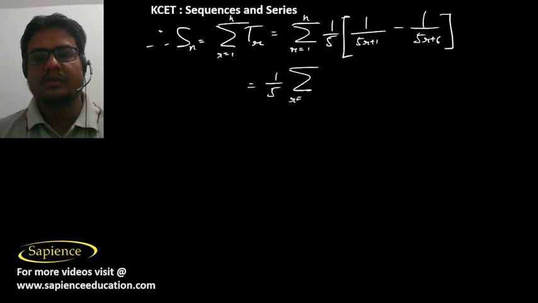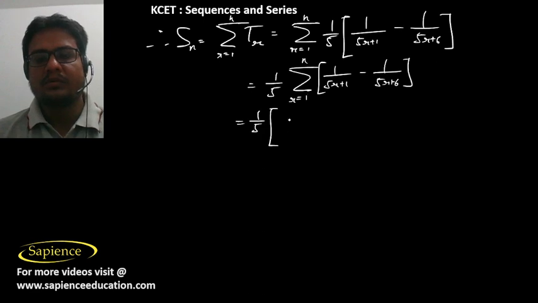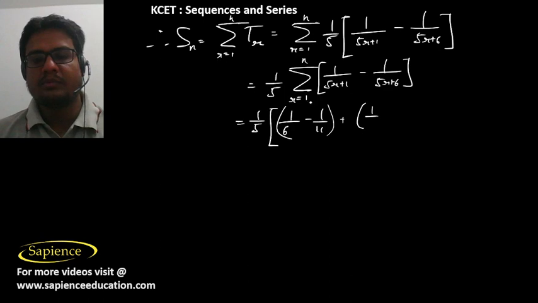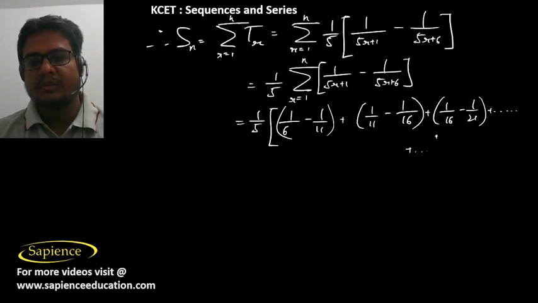If I put r equal to 1, this will be 1 by 6 minus 1 by 11, plus if I put r equal to 2, this will be 1 by 11 minus 1 by 16, plus if I put r equal to 3, this will be 1 by 16 minus 1 by 21, plus dot dot plus till it will be 1 by 5n plus 1 minus 1 by 5n plus 6.